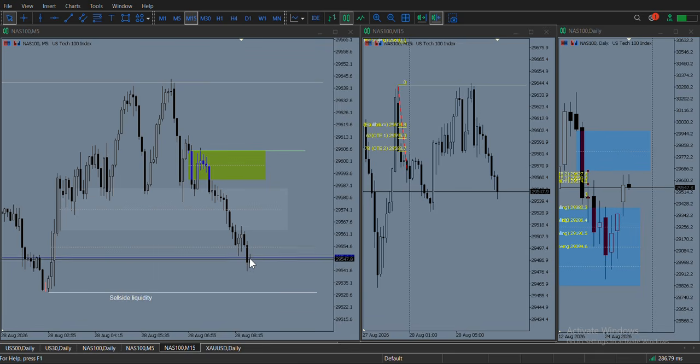This candlestick here is going to close, and then we're going to wait for 5 more minutes to anticipate the 850. So getting a little bit more retracement.